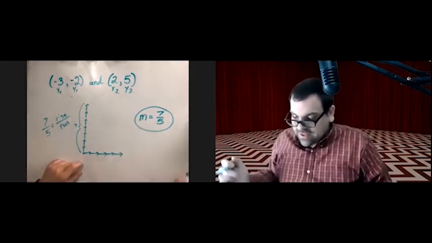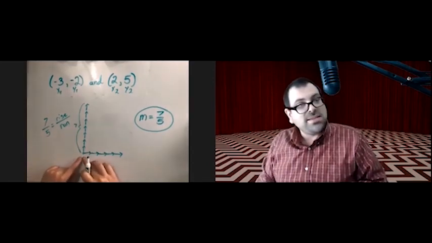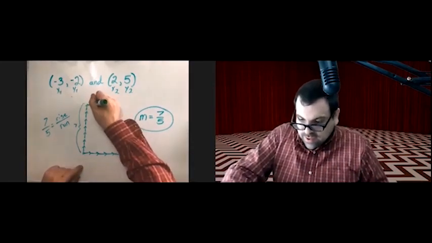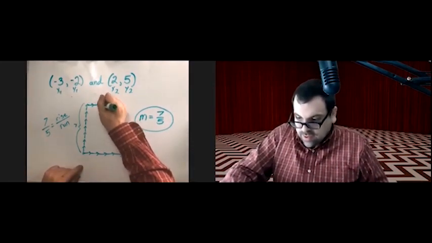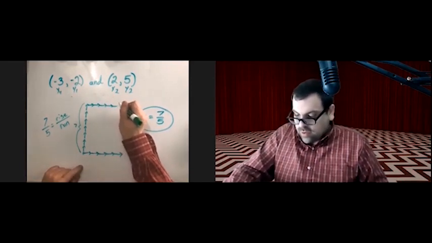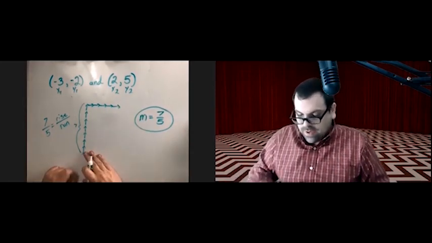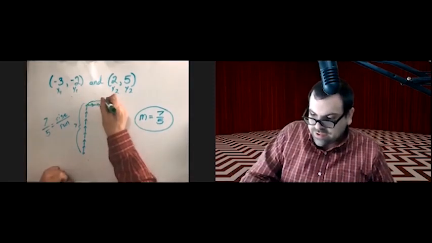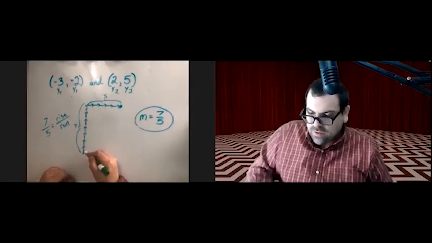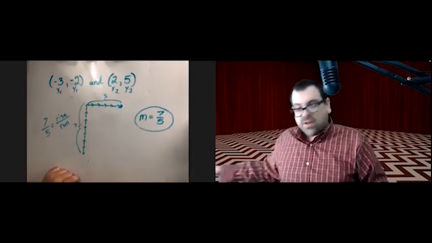And I probably should have done that from up here, because a rise and then going back to the starting point, a run doesn't do us much good. There we go. So if we went up 7 and right 5, we would get another point on the line.